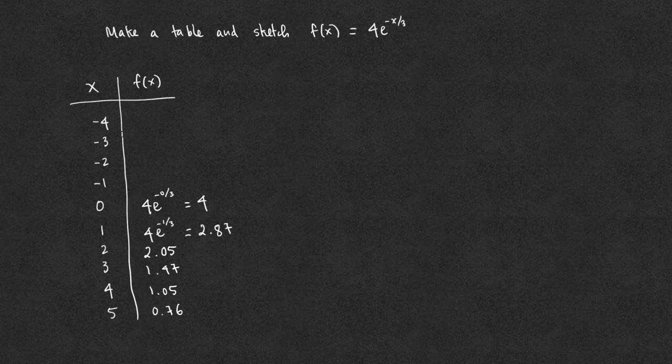This is the reason why we don't want to use just positive numbers. When we plug in -1, we get 4 times e to the negative, but x is -1, and then divided by 3. And so this is 4e to the power 1 over 3. We can just simply use a calculator, and this is 5.58.